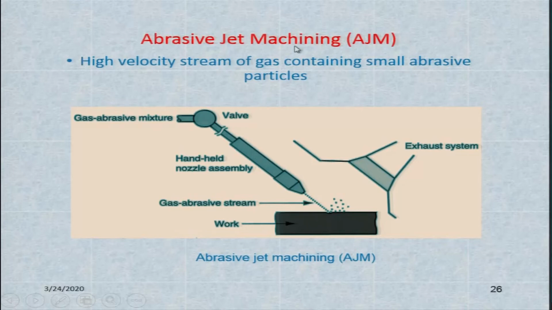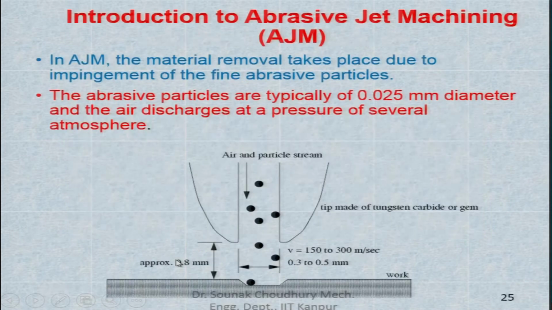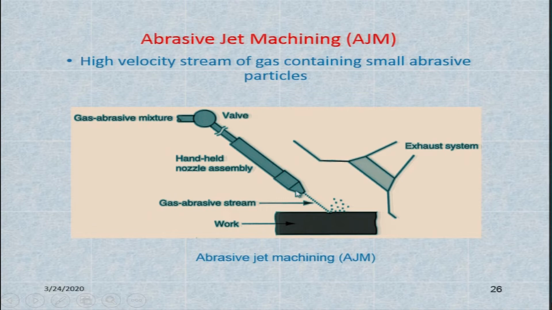In abrasive jet machining, a high velocity stream of gas containing small abrasive particles is schematically shown here. This is the workpiece, and this is the gas abrasive mixture. It can be air. This is the handheld nozzle assembly, kept at a certain distance from the workpiece, the standoff distance that we mentioned. It can be kept at an angle that depends on the material, and this angle can be calculated at which the material removal rate is maximum.